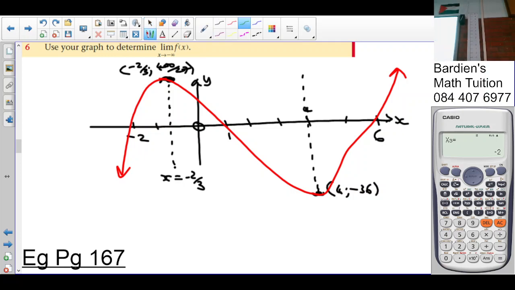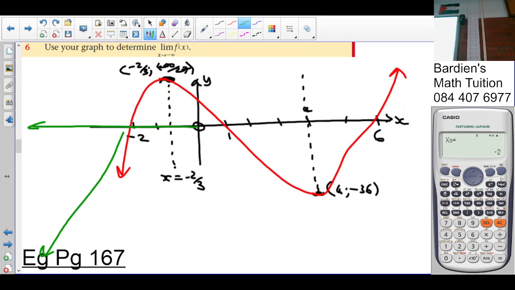So if x approaches negative infinity, what happens to this graph? What will happen as x approaches negative infinity? What's going to happen to f of x? It goes all the way to negative infinity as well.